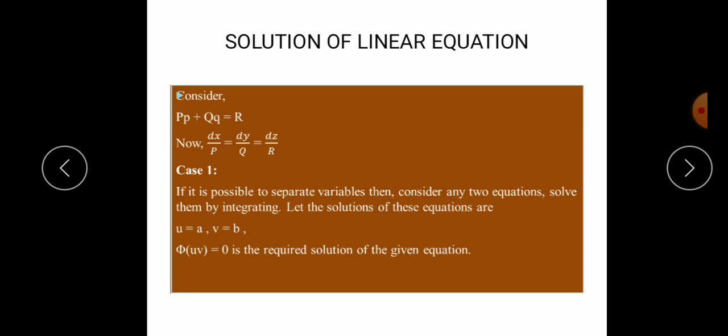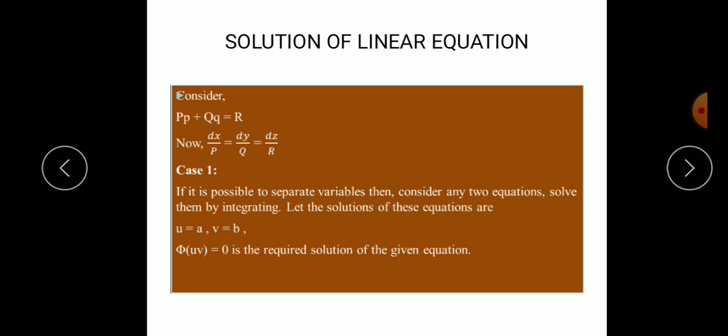Now if it is possible to separate variables, then consider any two equations and solve them by integrating. Suppose u equal to a and v equal to b, then phi of u, v equal to 0 is the required solution of the given equation.